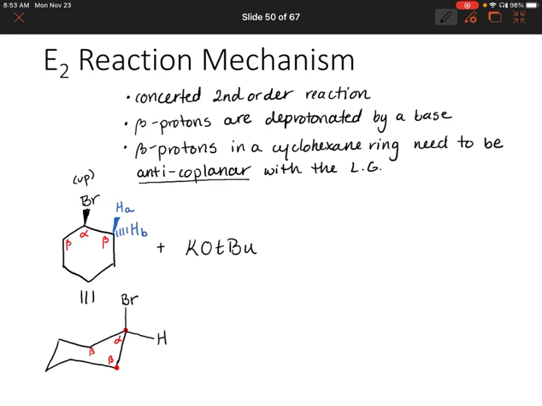And then there's a hydrogen on the other bond. Now looking at the beta carbon down below, that's pointing down, so we have a down axial position and an up equatorial position. So looking at our original molecule, HA is up, so that will be equatorial, and HB is down, so that will be axial.